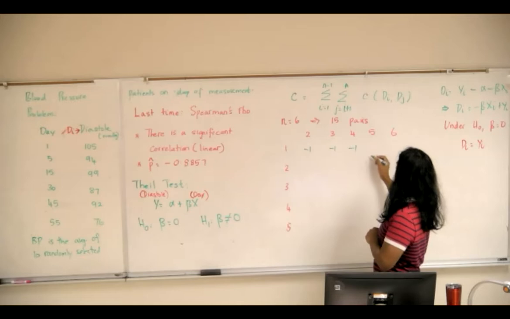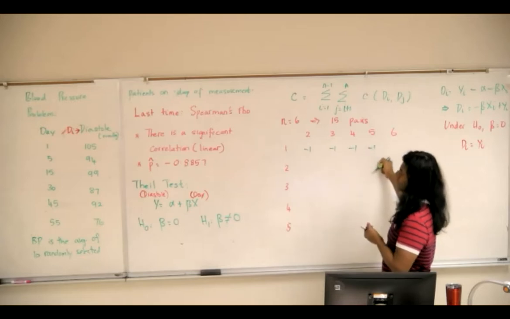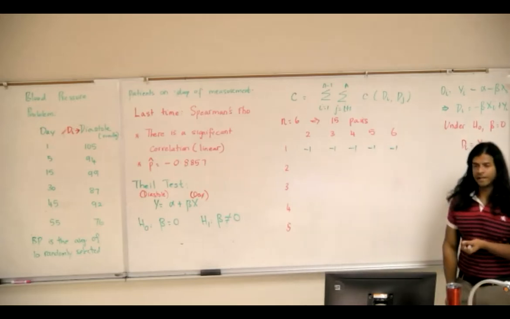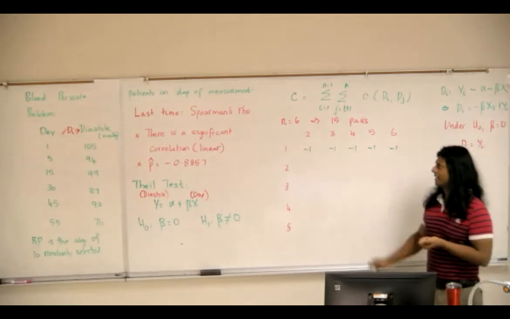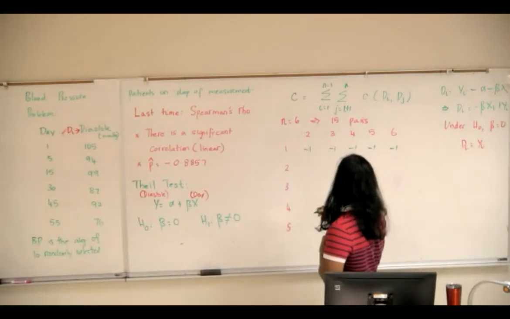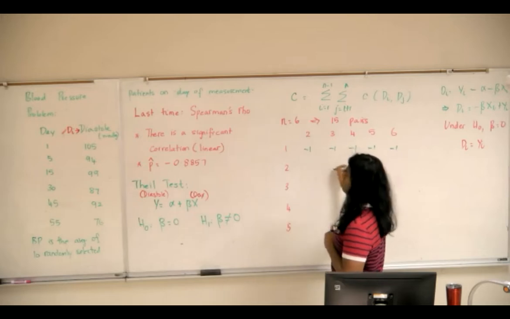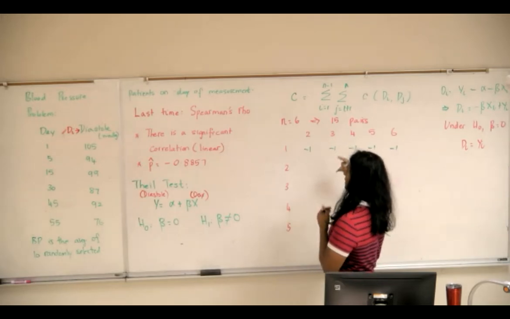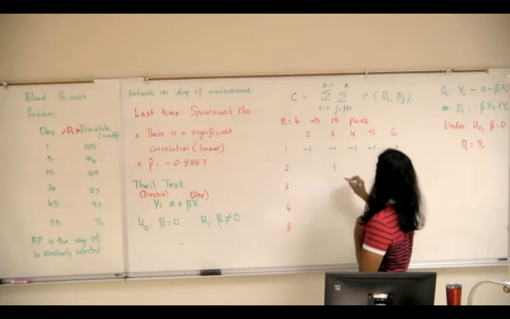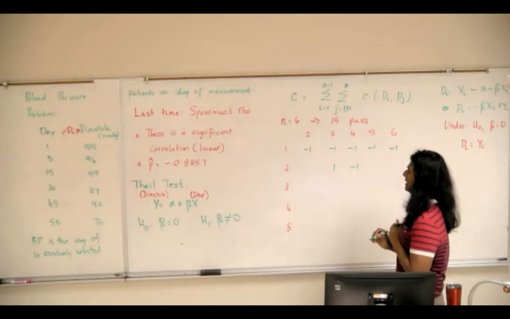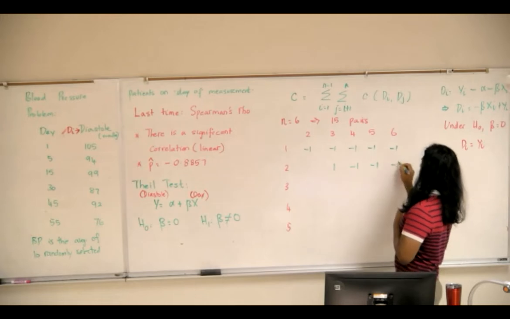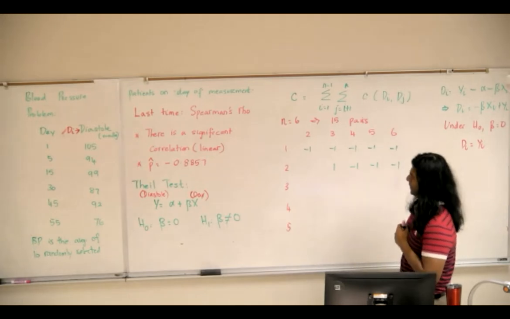So 92 minus 105 will result in a negative number, so -1, same for the next. Good. Moving on, 2 and 3. 99 minus 94 is positive. 87 will result in a negative number. The next one will be a negative number. The last one will be a negative number.